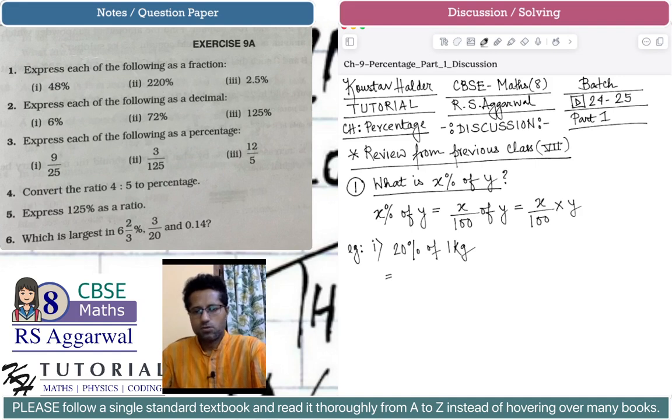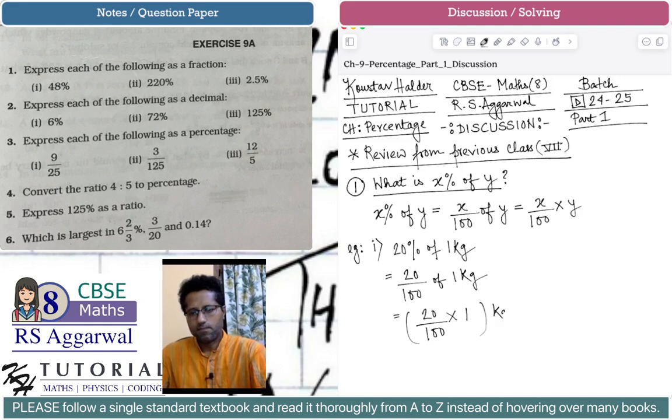Okay, so it is 20 by 100 of 1 kg. So this is equal to, the of operator means multiplication, so this will be 20 by 100 multiplied by 1, and the unit will be kg.